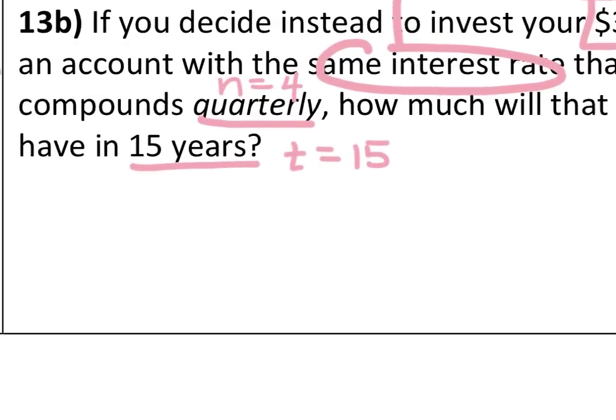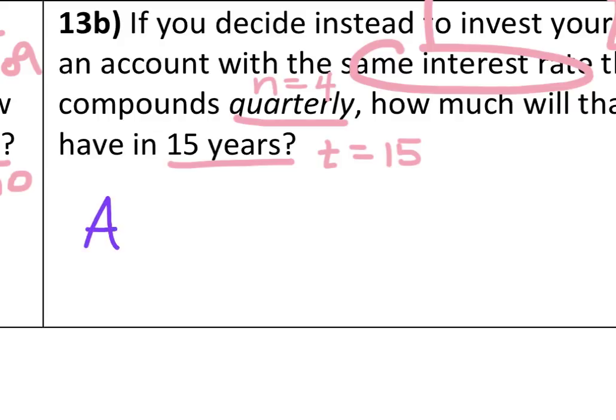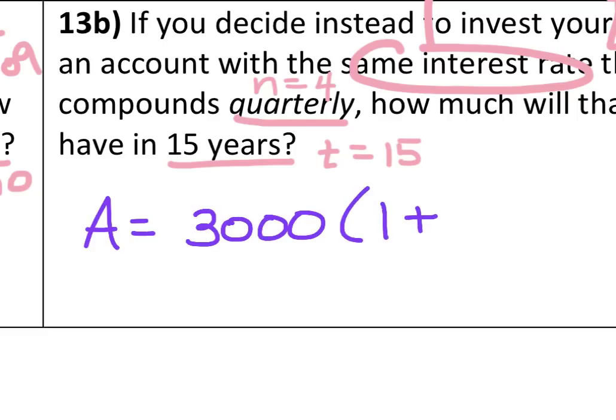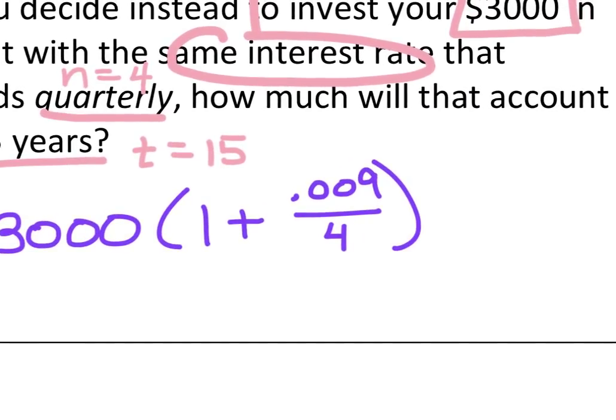This time when you substitute into your equation, the amount after 15 years, that's A, is equal to 3,000 times 1 plus 0.009 divided by 4, close parentheses, 4 times a year for 15 years. And notice that that means that you're going to have the interest computed 60 times in 15 years.